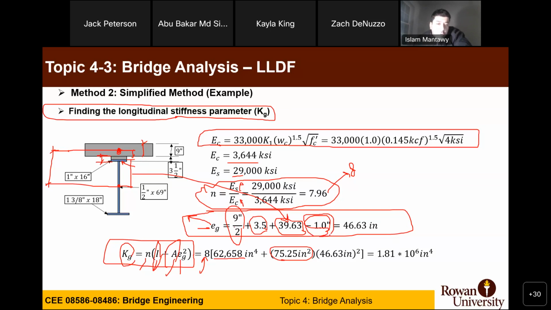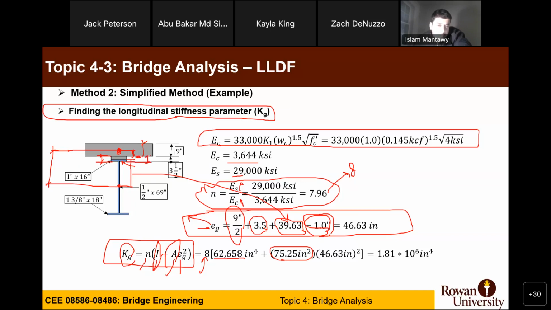What is 9/2? That gets you the center of the slab to the bottom of the slab. What is 3.5? That's the haunch, from the bottom of the slab to the bottom of the top flange.